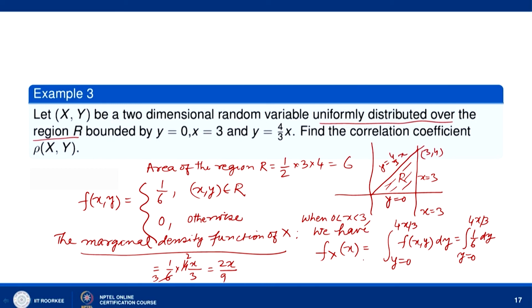So, f_X(x) equal to 2x by 9 when 0 is less than x less than 3, and otherwise it is 0. So, we write it like this: f_X(x) equal to 2x by 9 when 0 is less than x less than 3, and 0 otherwise.